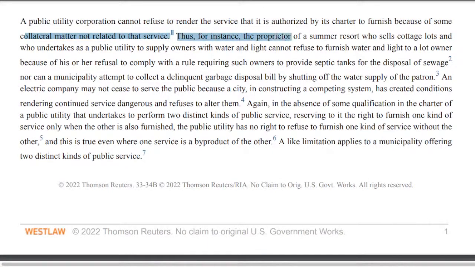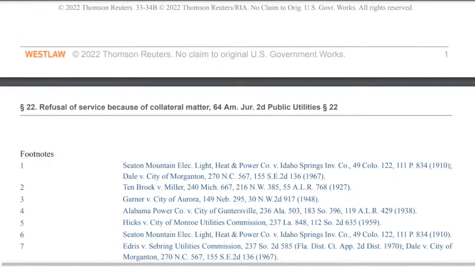Thus, for instance, the proprietor of a summer resort who sells cottage lots and who undertakes as a public utility to supply owners with water and light cannot refuse to furnish water and light to a lot owner because of his or her refusal to comply with a rule requiring such owners to provide septic tanks for the disposal of sewage. Nor can a municipality attempt to collect a delinquent garbage disposal bill by shutting off the water supply of the patron. And that's Garner versus City of Aurora, Nebraska, 1948.